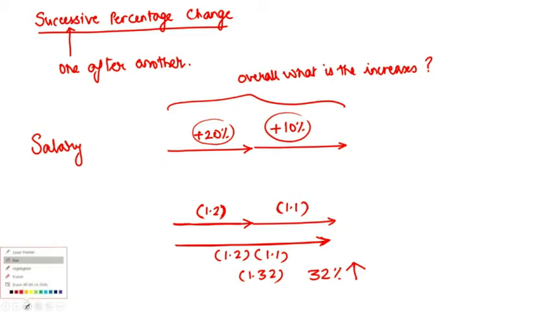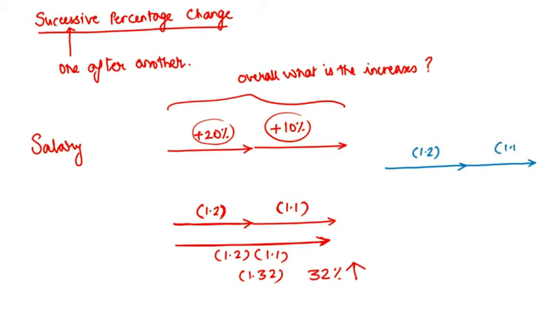Understand once again, what am I doing? First year, my salary increases by 20%, so I have written multiplying factor of 1.2. Second year, my salary increases by 10%, so I write multiplying factor of 1.1. Which means if the old salary was 100, the new salary at the end of the first year would be 100 into 1.2, that is 120. Then 120 into 1.1 is 132.